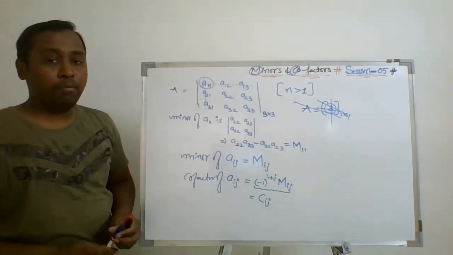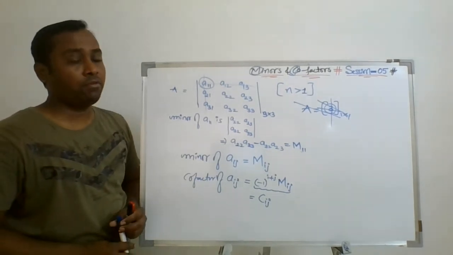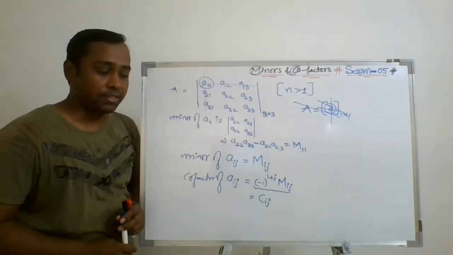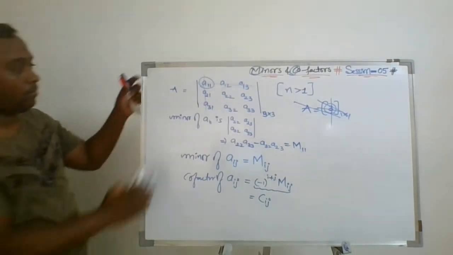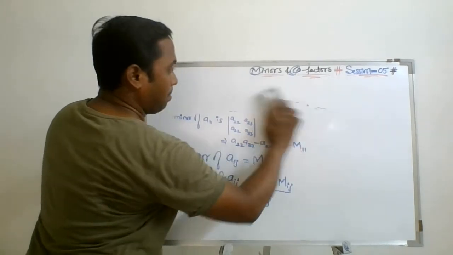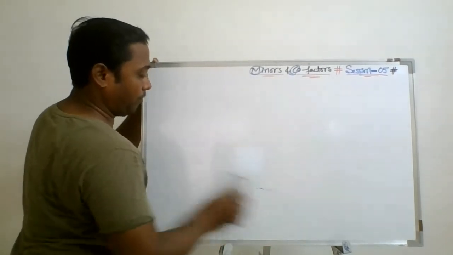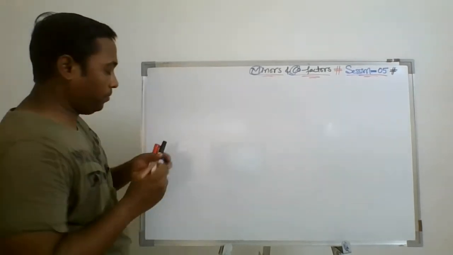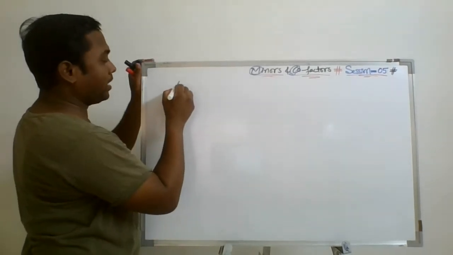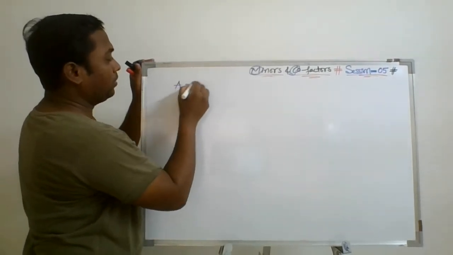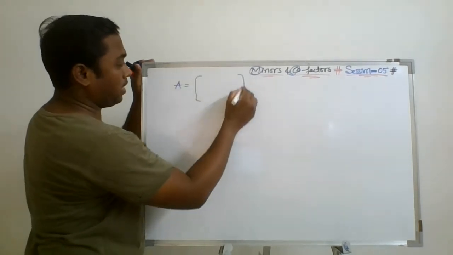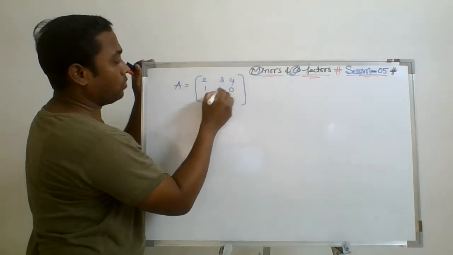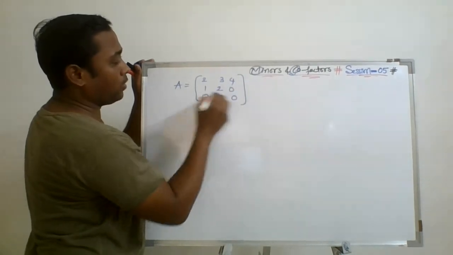Now, with the help of questions, we will first find the minors and cofactors of various elements. One matrix is given to you. Let us say the 3 by 3 matrix with rows 2, 3, 4; 1, 2, 0; and 0, 1, 0.